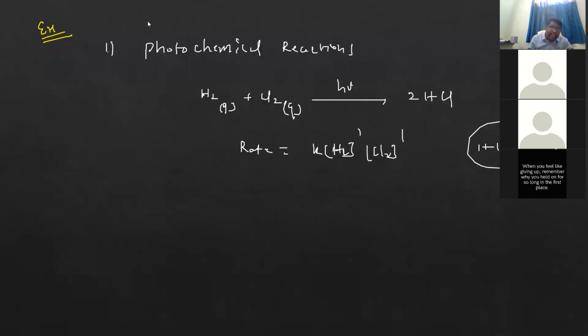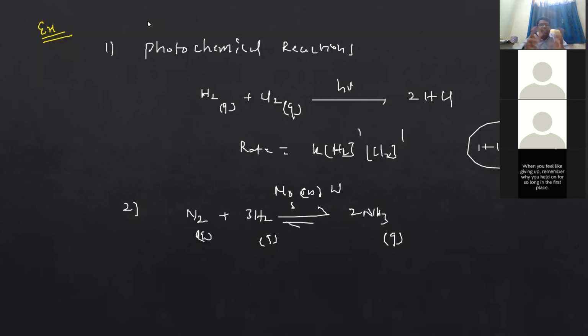And one more is heterogeneous reaction like NH3, the synthesis of ammonia. For example, nitrogen reacts with 3 moles of hydrogen to form 2NH3, the synthesis of ammonia by the Haber process. Here molybdenum or tungsten or iron behaves as a catalyst. The catalyst is in solid state and these are gases.